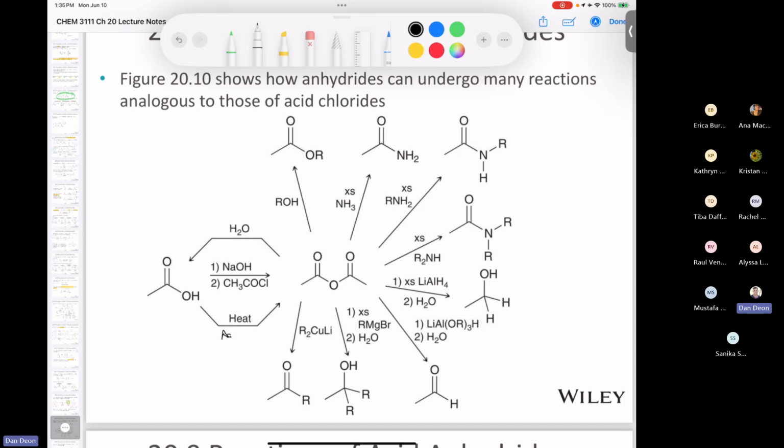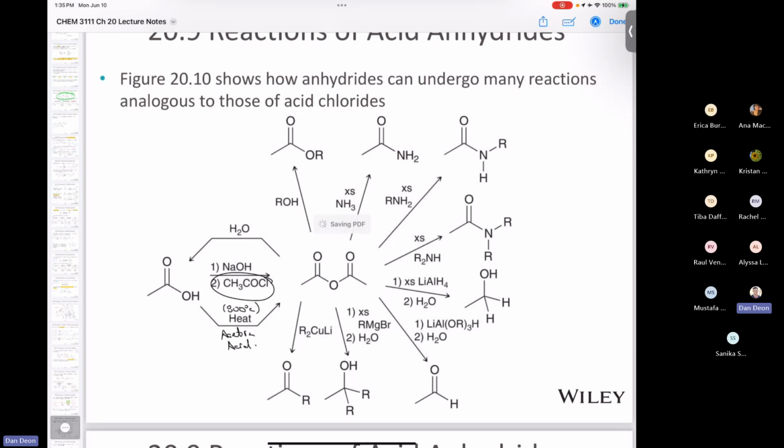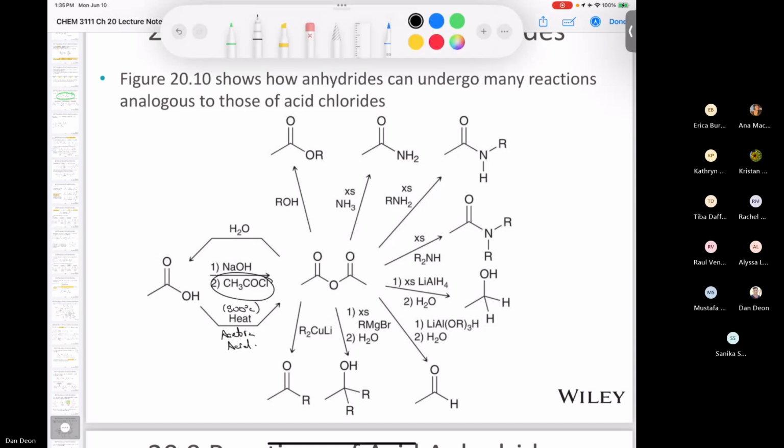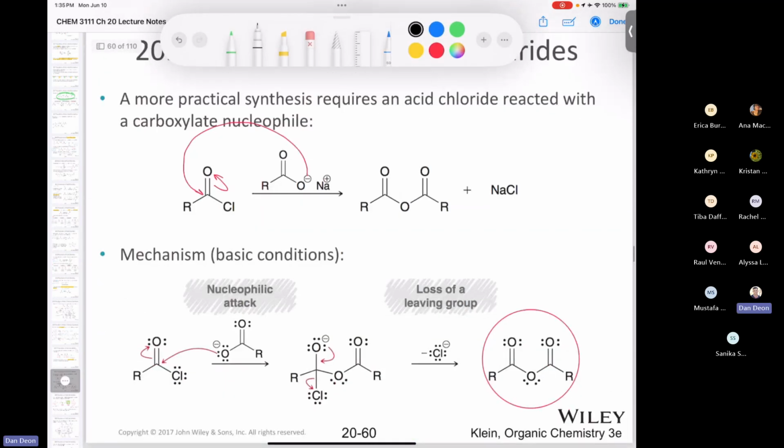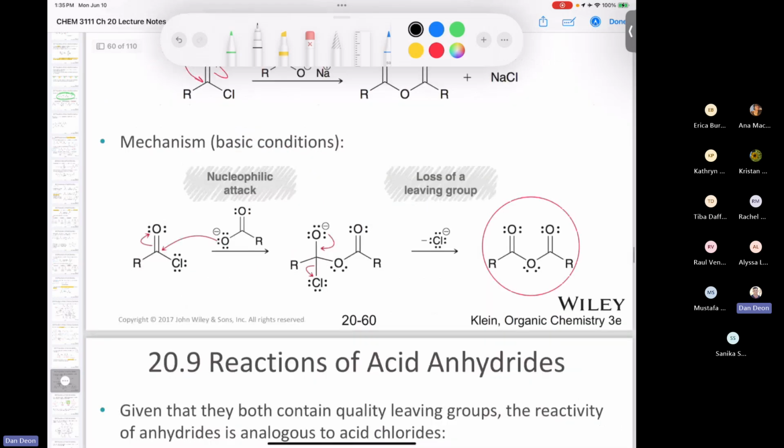If it's just acetic acid, in that case, you can just heat it up to 800 degrees Celsius, and that's going to give you acetic anhydride. However, if it's something bigger, you're better off using sodium hydroxide to make the salt, and then you react it with the analogous acid chloride. You get the reaction that I showed you right here.